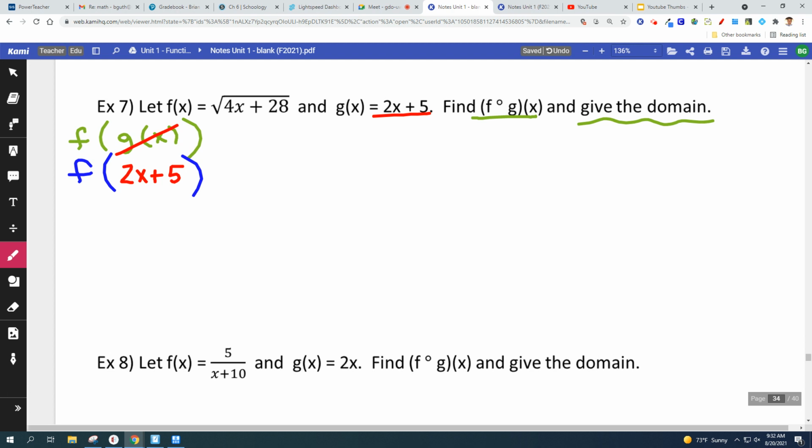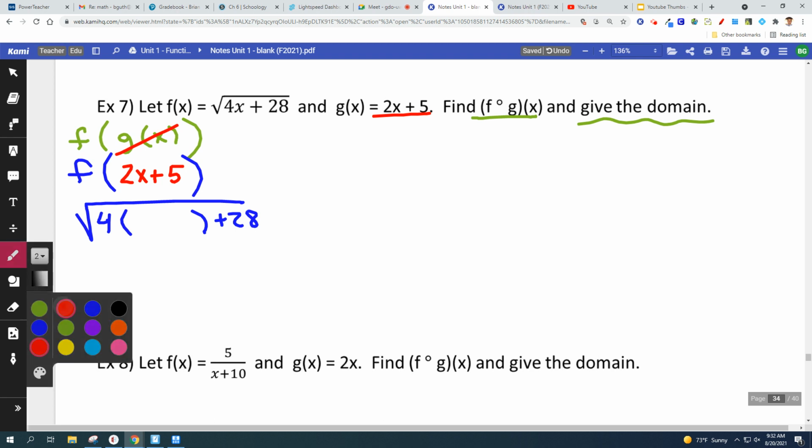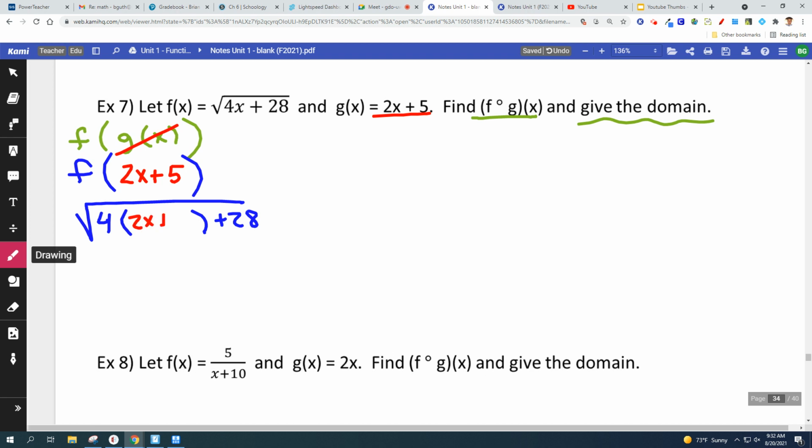Okay. The f function says square root of 4 times something plus 28. That's the f function. A lot of times that's a number. This time it's not. Plug in 2x plus 5. Distribute. That's 8x plus 20 plus the 28.